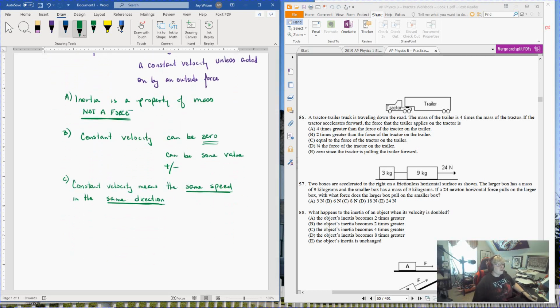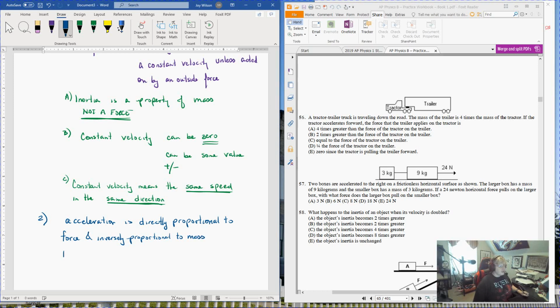The second law is the one we usually write as an equation, and it is that acceleration is directly proportional to force and inversely proportional to mass.